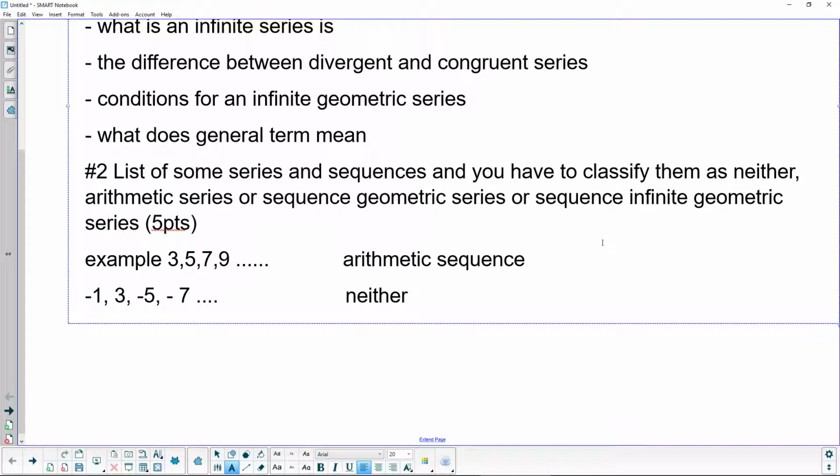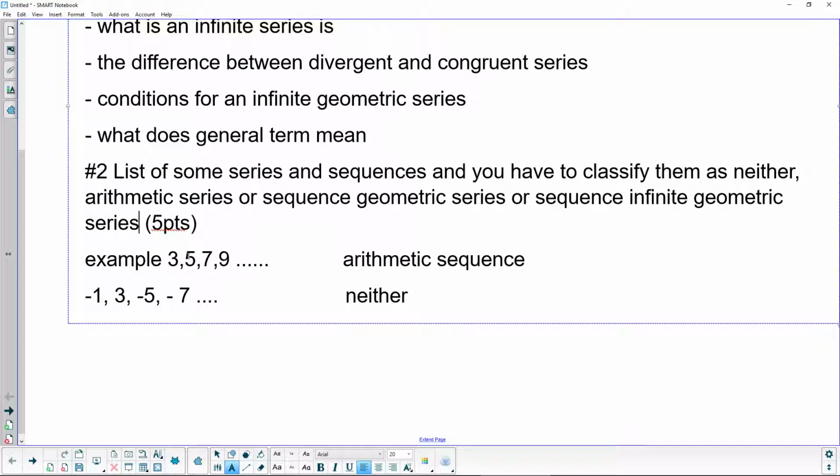Boy, I almost forgot about that one. So you can have an arithmetic series or sequence, that's 2. A geometric series or sequence, that's another 2. And then you can have an infinite geometric series, which is a sub thing of geometric series. Okay, so that's going to be question 2.